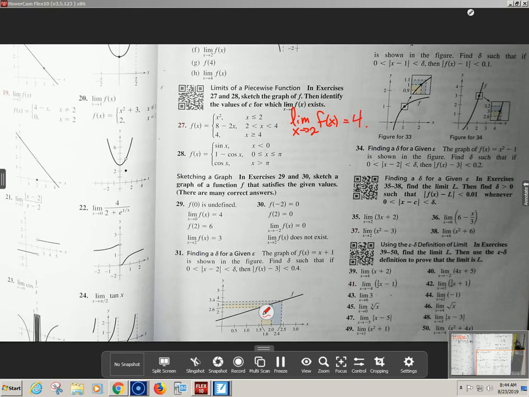Why is that bad? It's bad for all approach problems, even though the limit actually is 4, as we saw when we drew it.